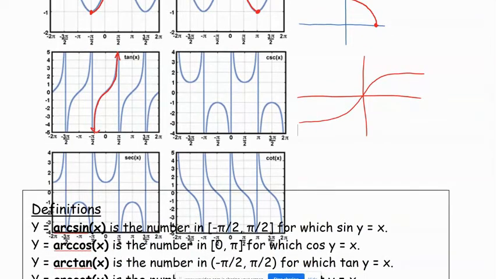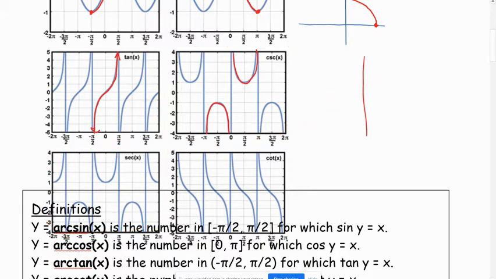So with these two graphs, the secant and the cosecant, again, we can just take one cycle. So if we take this and this, so from negative pi to positive pi, that will pass the horizontal line test, which means the inverse would pass the vertical line test.